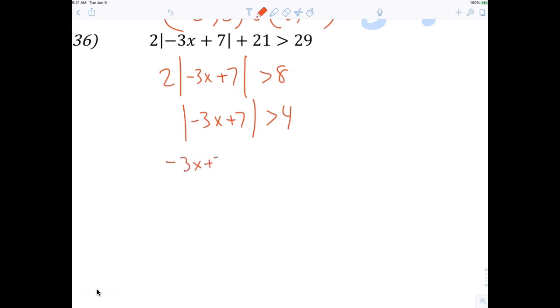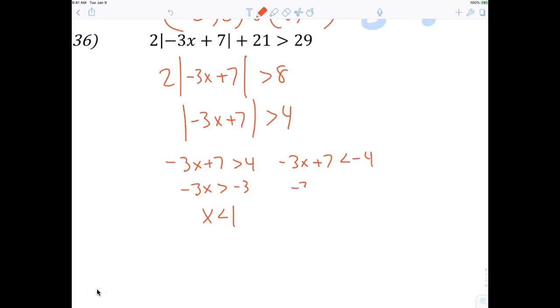Negative 3x plus 7 is greater than 4, and negative 3x plus 7 is less than negative 4. Are we okay with this? Subtracting 7, negative 3x is greater than negative 3. Now what do I have to do to the sign? Switch. x is less than 1.